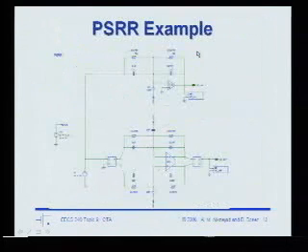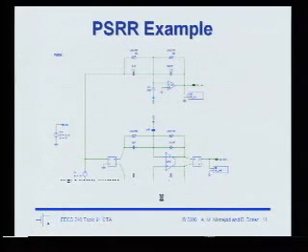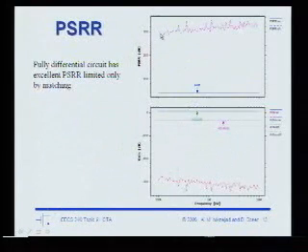On my fully differential circuit, I also have the same problem. I have these parasitic capacitances at the inputs, but the power supply rejection ratio is very good. Of course, that's because it's a balanced circuit, so it's rejecting that input. Okay?